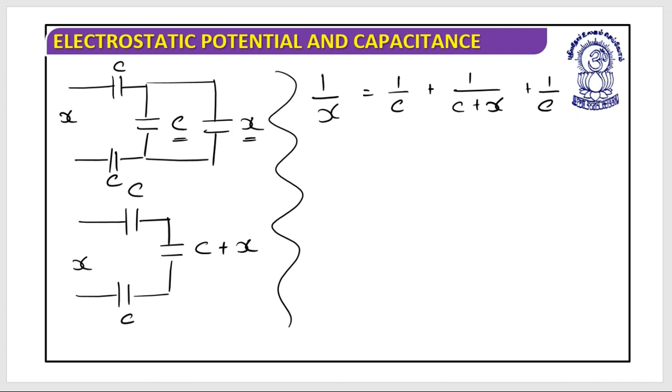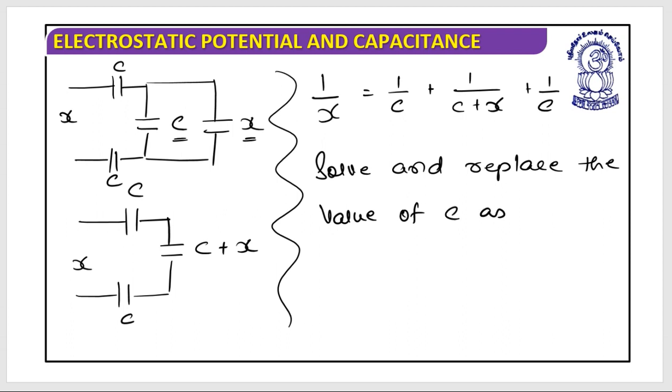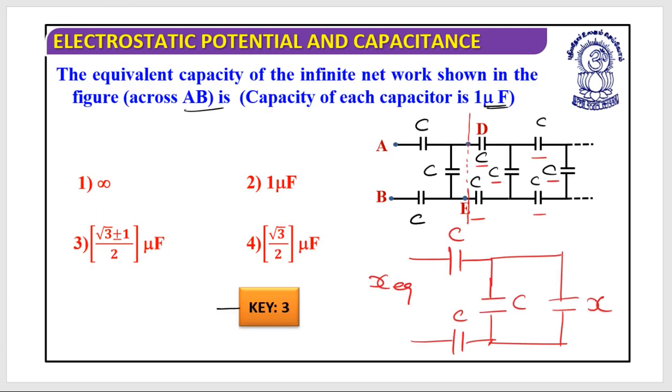Take an LCM and solve this, then replace the value of C as 1 microfarad. I already mentioned the answer for your reference, so that you will know whether my answer is correct or incorrect. So please do it, and let's move to the next question.